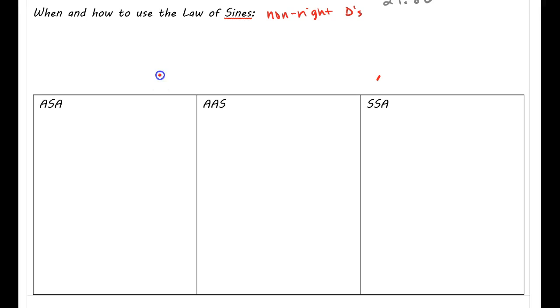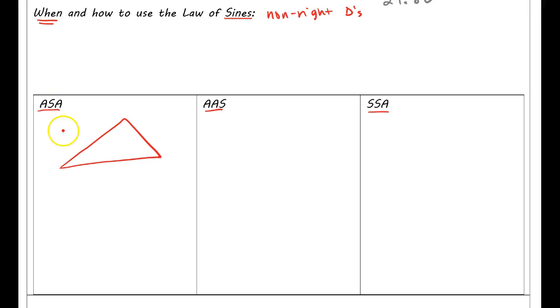And as far as when you get to use the formula I'm about to show you, this is when right here. These 3 scenarios, you may remember also from geometry, that when you're given information on a picture, you can classify that picture as angle, side, angle, angle, angle, side, or side, side, angle. So an example of an ASA, I'm going to draw a very generic triangle, okay?